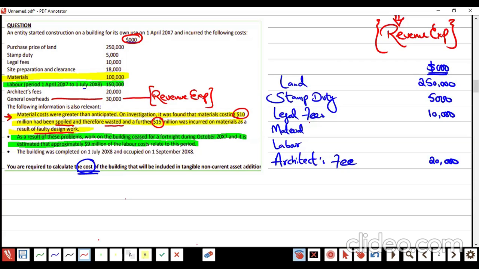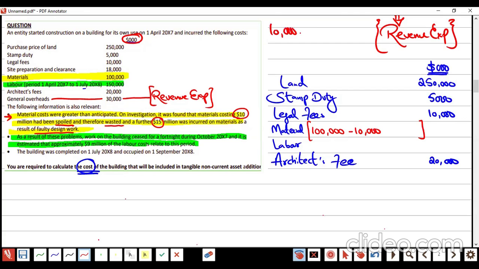One thing we said earlier in today's class: material used is a capital expense. Any wastage, any drama, it can never be a capital expense, right? So 10 million means 10,000, no?